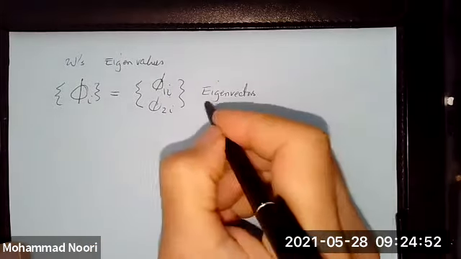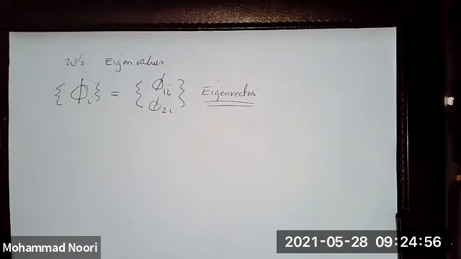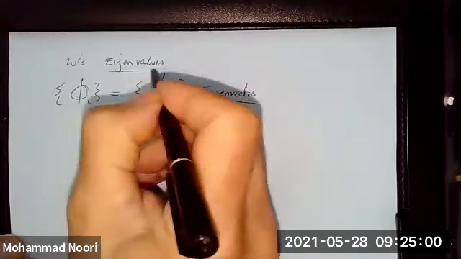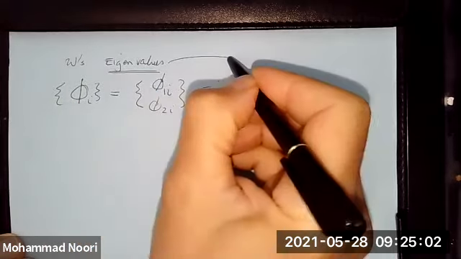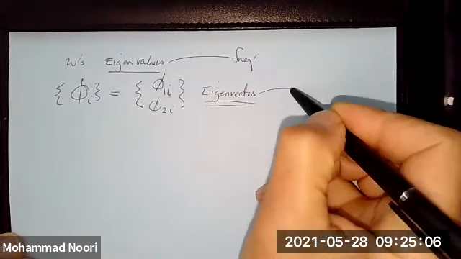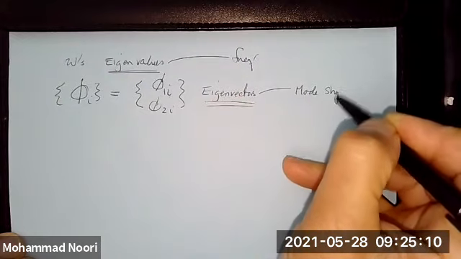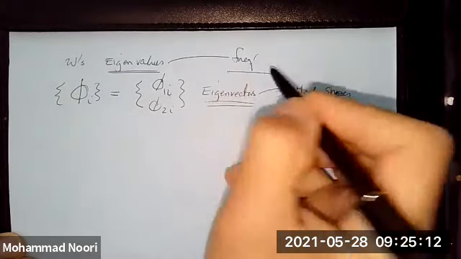So eigenvectors, if I want to refresh your memories about eigenproblems that you had in linear algebra, okay, the eigenvalues are the frequencies, and eigenvectors, we call them mode shapes, okay?